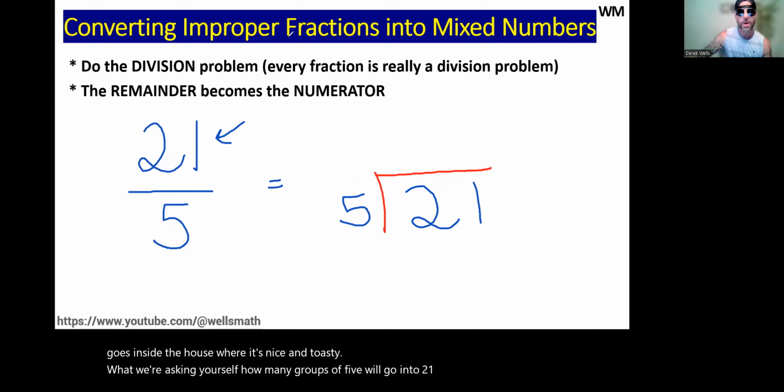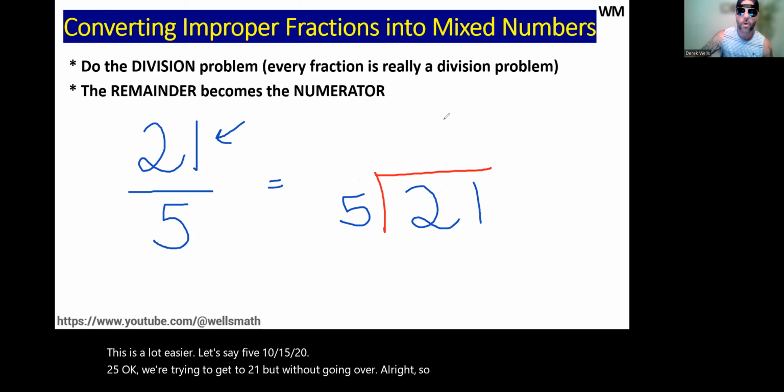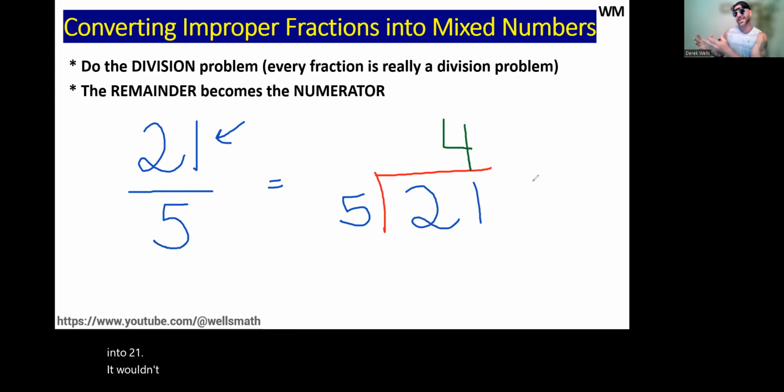Like I said earlier, if you know your multiplication tables, this is a lot easier. Say 5, 10, 15, 20, 25. We're trying to get to 21, but without going over. So 4 total groups of 5 will go into 21. It wouldn't be 5 groups because that gets us to 25, and that goes over 21.